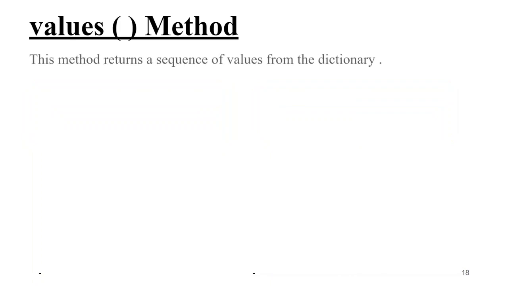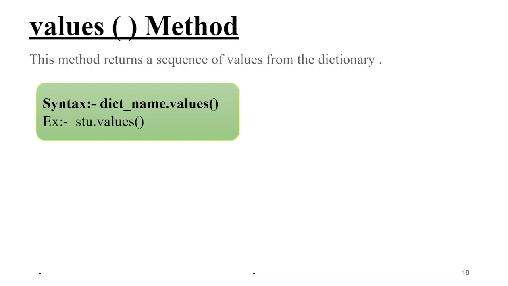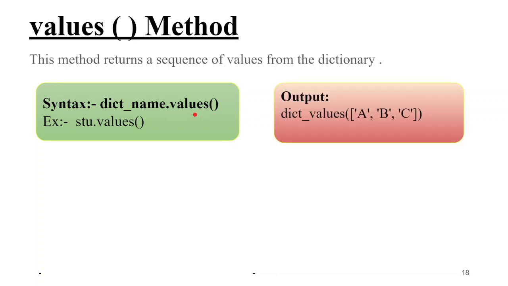And if you want to find out the sequence of values from the dictionary, then we have a values method, which returns a sequence of values from the dictionary. You can also call this values method on the dictionary object. Here is the syntax: dictionary name dot values. So it returns the values that are associated with the keys.